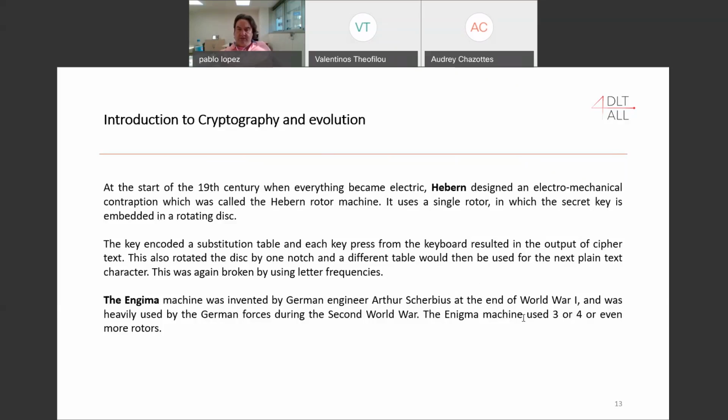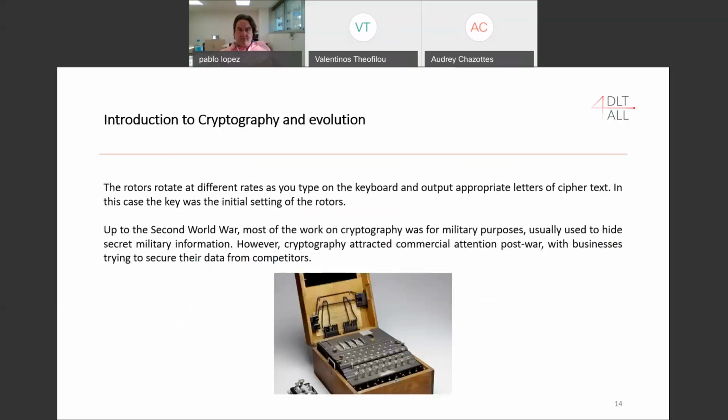You can write in the chat what you know about the Enigma machine and the man who is over there, Alan Turing. Anyone want to participate? You can write in the chat asking to participate, or maybe raise your hand. Okay, no one. Okay, let's continue then.